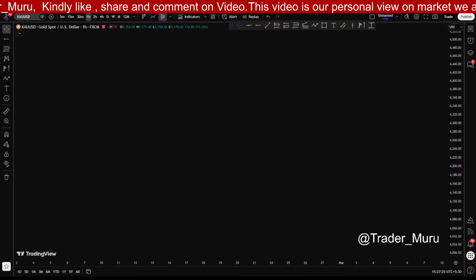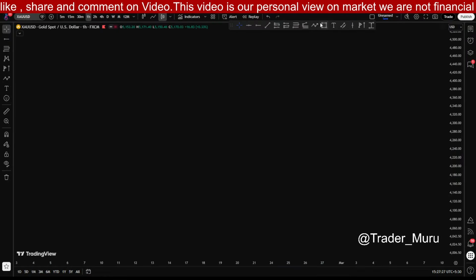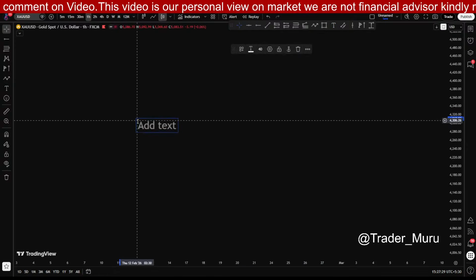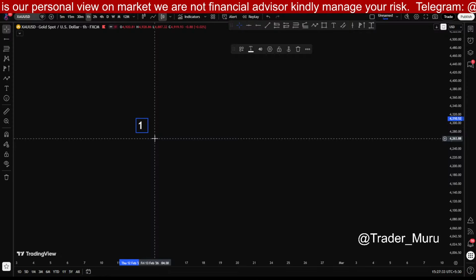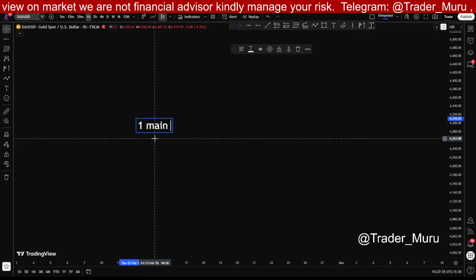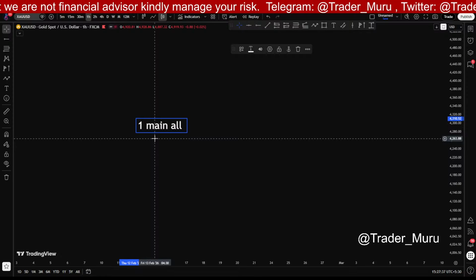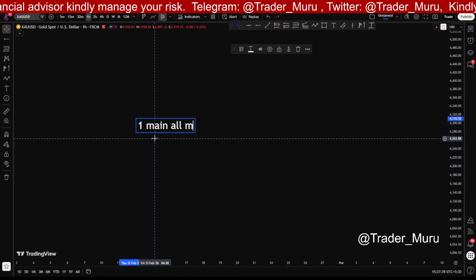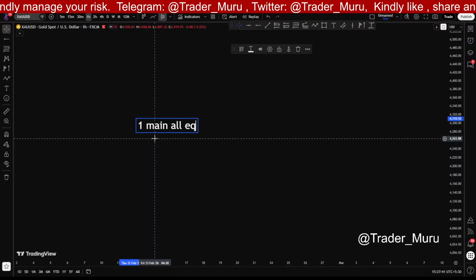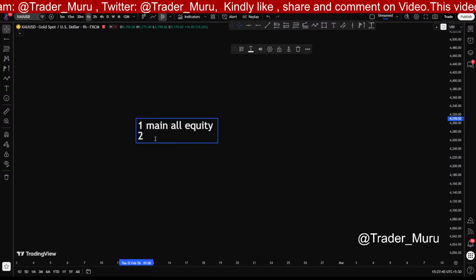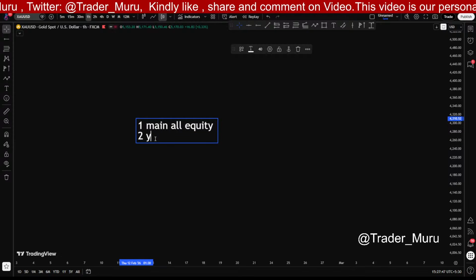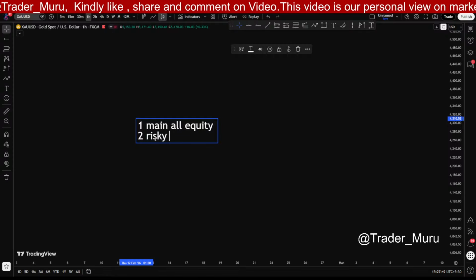It doesn't matter whether it's a new or an old account. You just have to have two accounts. First, your main account, where all your money or equity will be. Your second account you will use for risky trades.